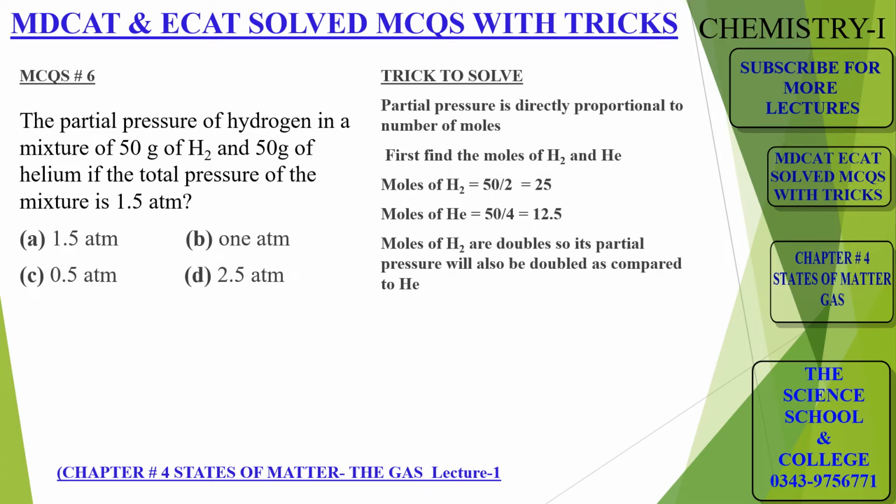The partial pressure of hydrogen is double because the number of moles of hydrogen is double. So the correct option is 1 atm, because you have asked for the partial pressure of hydrogen gas.